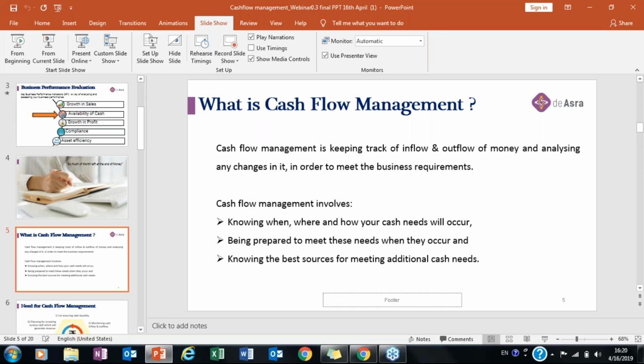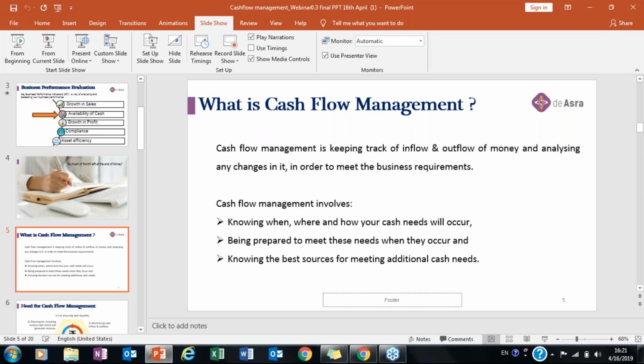In this kind of scenario, when you have an existing paper bag manufacturing business, you need to have enough cash to bring in the raw material and cater to the changing needs of society. So cash flow management involves being prepared to meet such needs. If any contingencies happen, then you need to have money. You need to be prepared when such things occur.